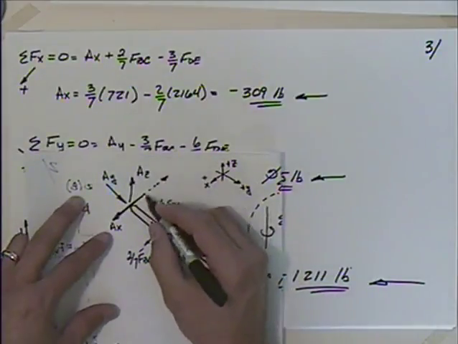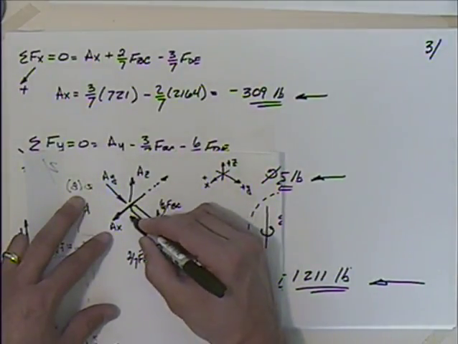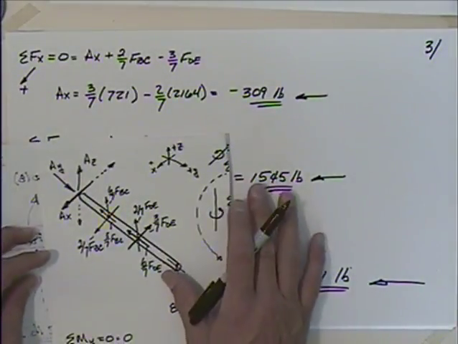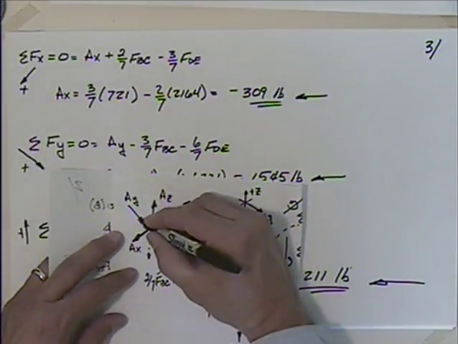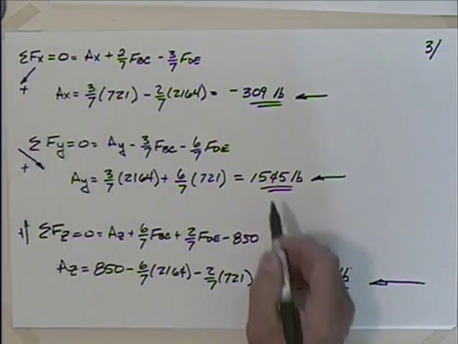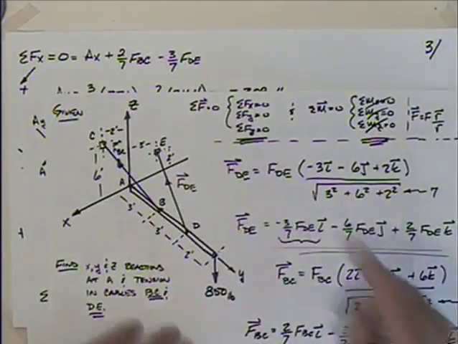I know that the X is in that direction. The Z is really going to be in that direction. That would have been very hard to figure out at the beginning. The Y we happen to get right. And this is an important number because if you go back to the original problem, 1545, what does that force in the Y direction represent?